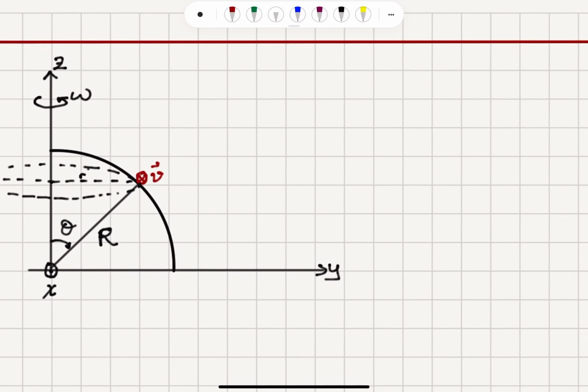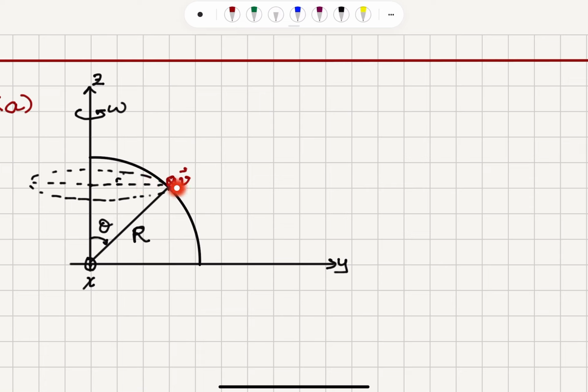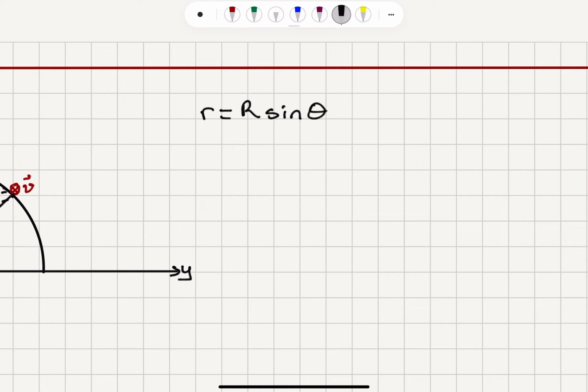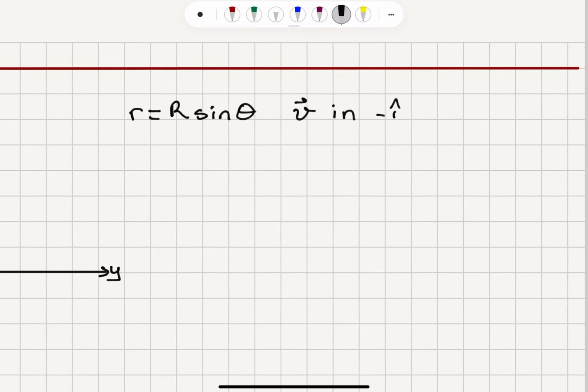The radius of that circular motion r will be equal to capital R sine theta. The projection onto the z-axis is capital R cosine theta. Projection onto the y-axis is capital R sine theta. And I notice that this velocity vector is in the minus i hat direction.